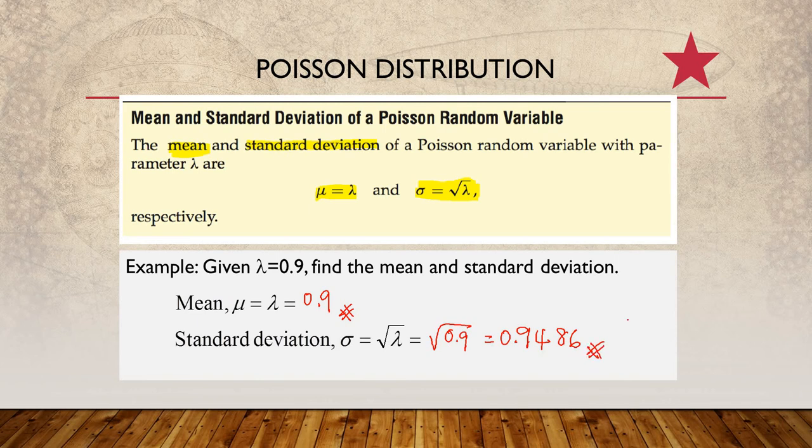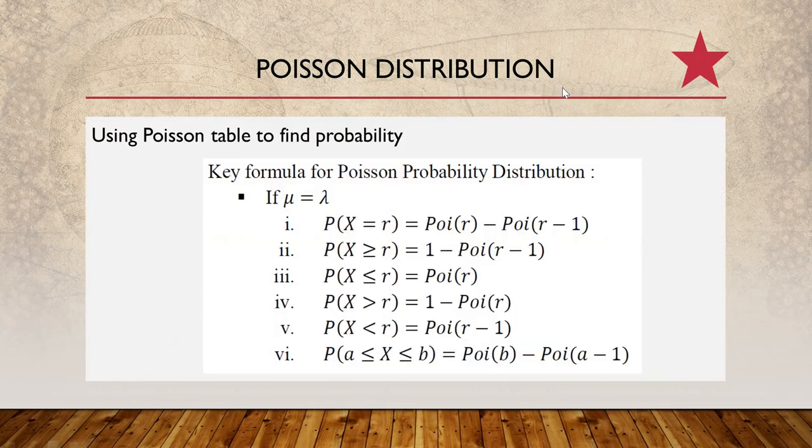Let's say you are given a question in Poisson distribution. If the question doesn't state the parameter lambda, they might give the mean, so you have to know that it is the Poisson distribution. To find the Poisson probability using the table, similar to binomial, we also need the key formula.